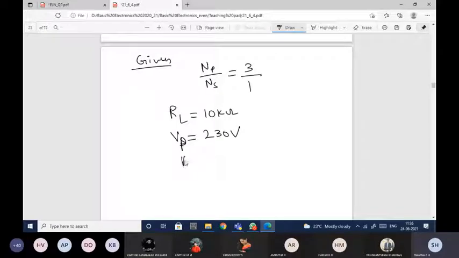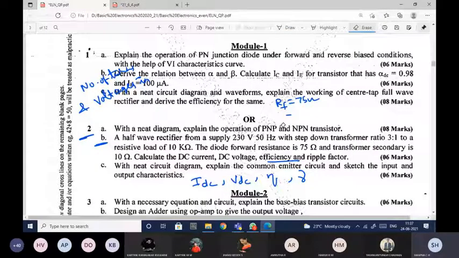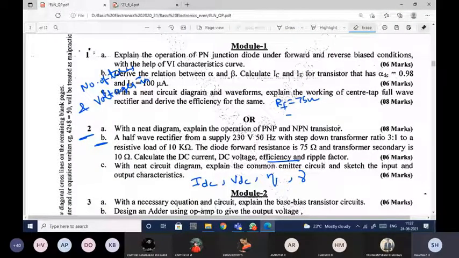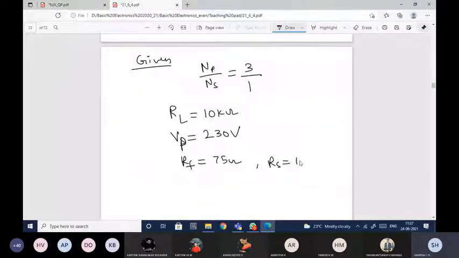Then RF he has given as 75 ohms. Then RS he has given as 10 ohms.